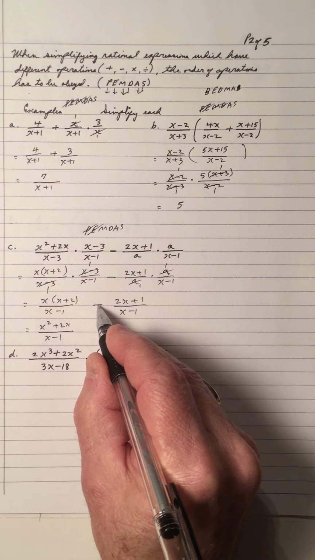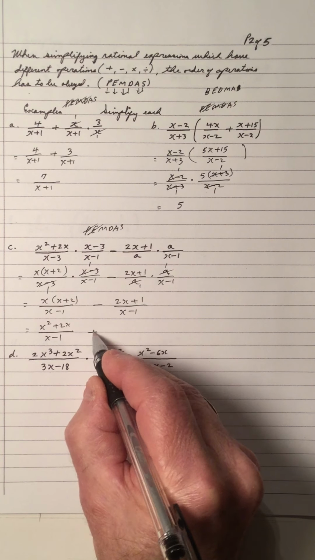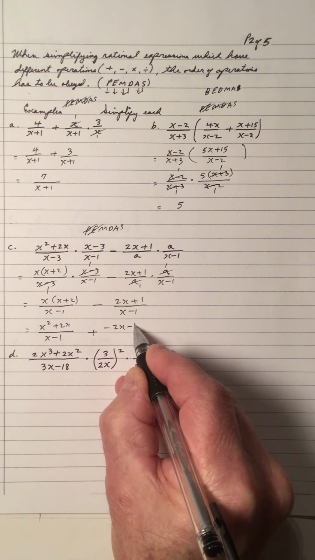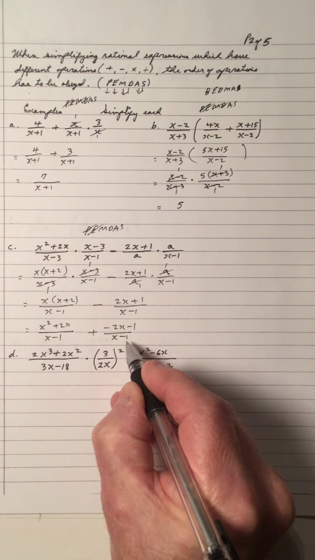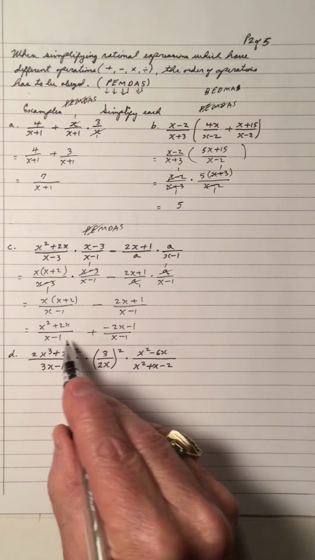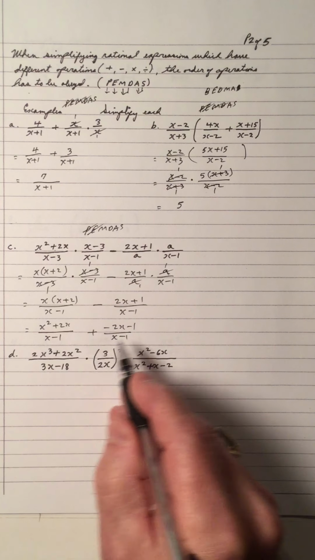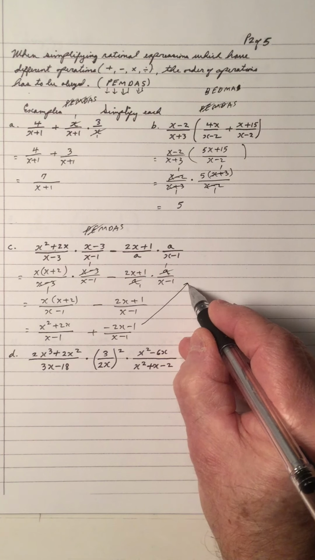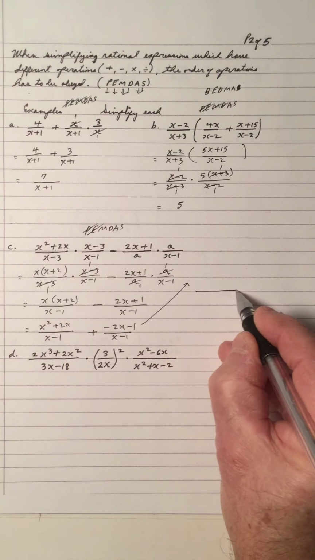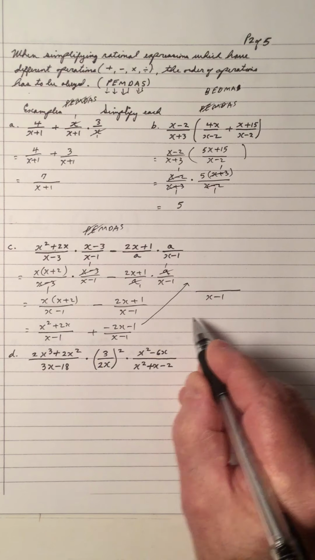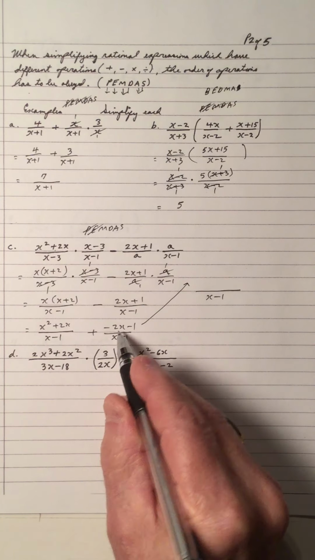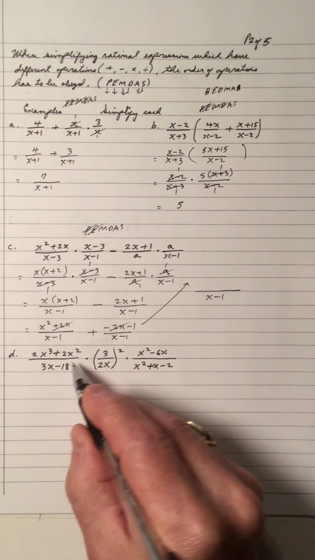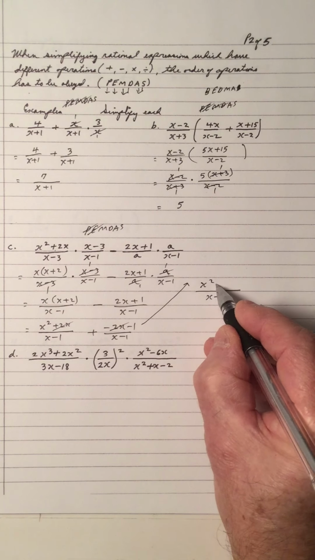And notice that I'm subtracting, so I'm going to add on the opposite, because in subtraction I add on the opposite. Now that I have all that done, you can see that I have a common denominator, x minus 1, and I'm going to add these together so they cancel, so I get x squared minus 1.